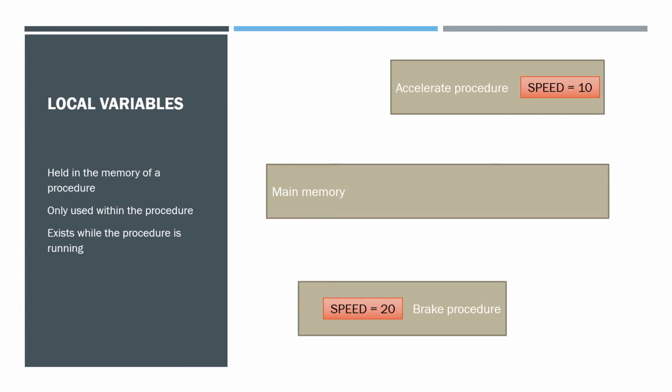These are local variables. This means they only exist while those procedures are running and they do not affect the values in the main program. And as you can see, in this instance, the accelerate procedure and the brake procedure have different values for speed, but neither of them will affect the main program. Sometimes that's exactly what we want to happen.